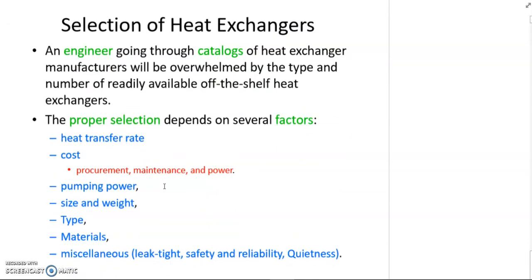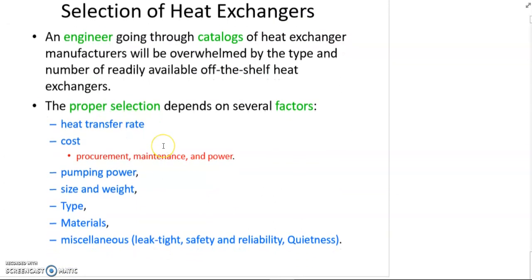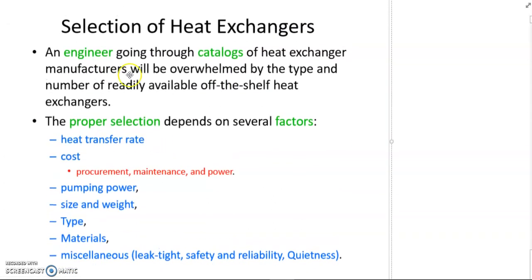Okay, next is the last slide for this chapter, selection of heat exchanger. So usually when making a proper selection of heat exchanger, you have to consider several factors. The first one is heat transfer rate, of course, and then cost. Cost is actually related to your NTU.